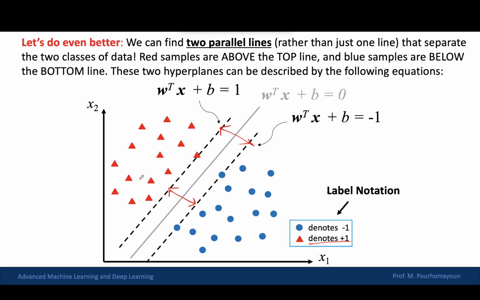So to do that, red samples should be on the left hand side of this line now, and blue samples should be on the right hand side of this line now. Okay, these are my two equations.